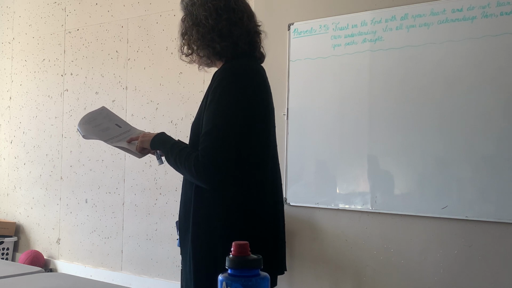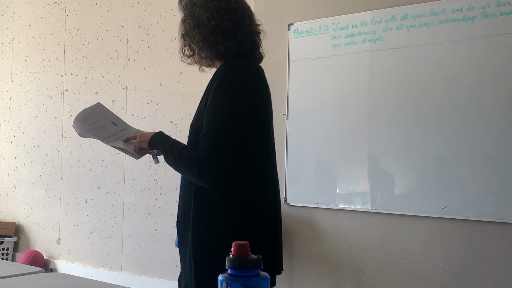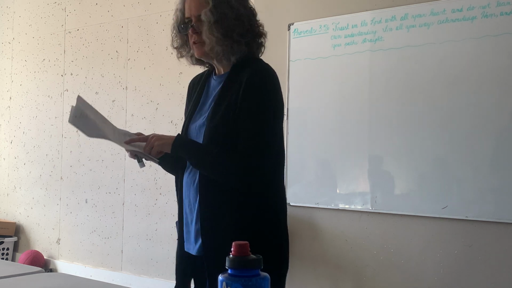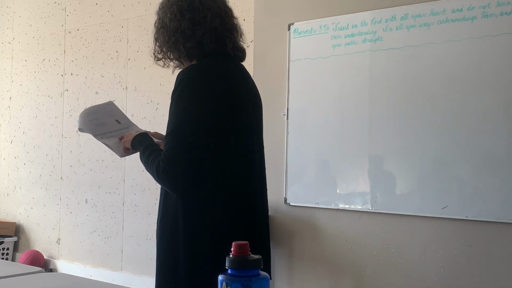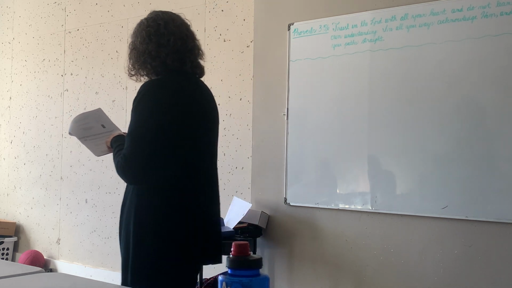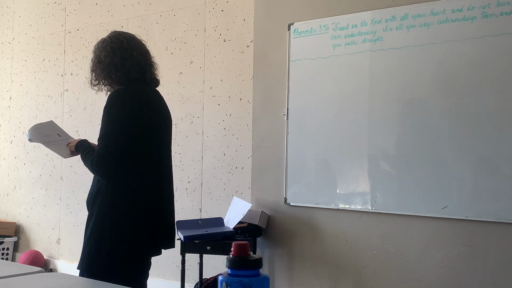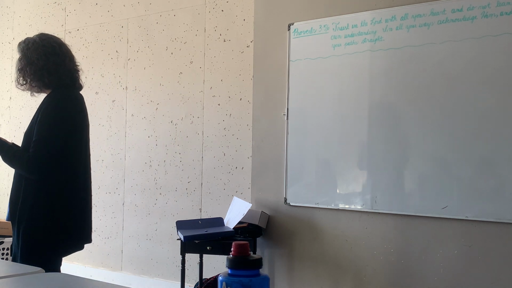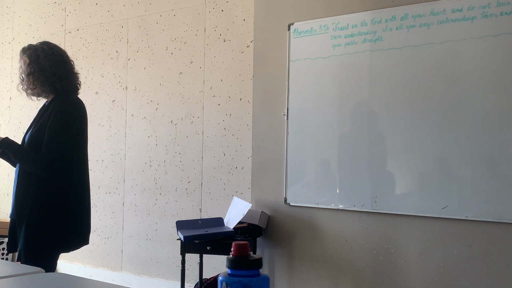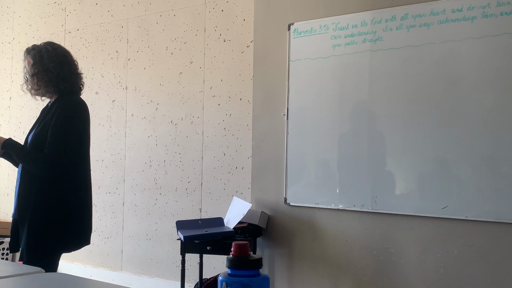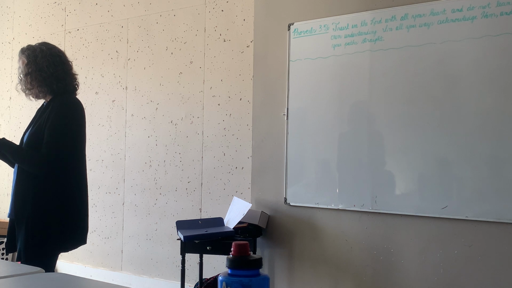What's in their set B? 1 and 2. What's in set A? 1, 2, and 3. Look at the next sentence under it. It says we can say that set B is a subset of set A, because all the members of set B are also members of set A.